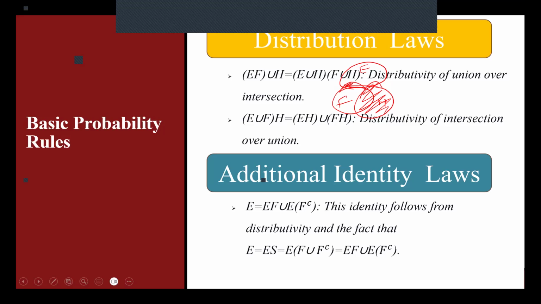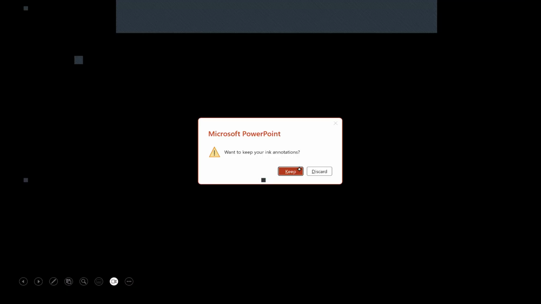And if you go through another way, so we have again E, F, and H. It is going to be the union of, if we calculate the union of E and H, which is this part, and the union of F and H, which is this part.